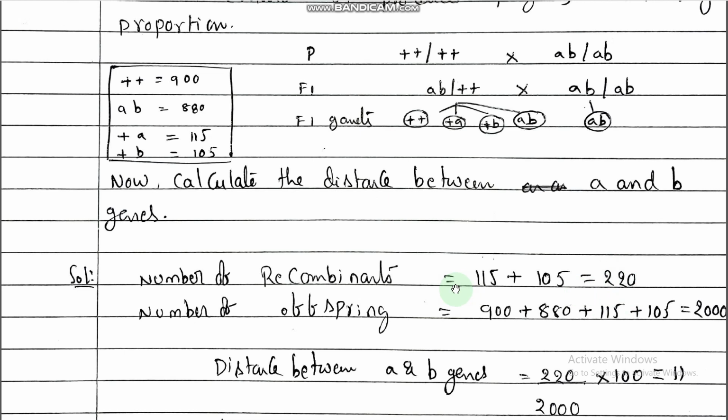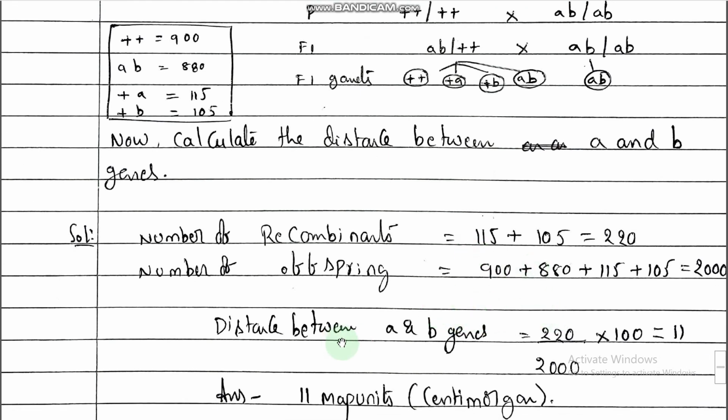Now what is the formula of recombination? Earlier we discussed that the recombination frequency is equal to the number of recombinants divided by the total number of progenies. Okay, number of recombinants by total number of progenies.